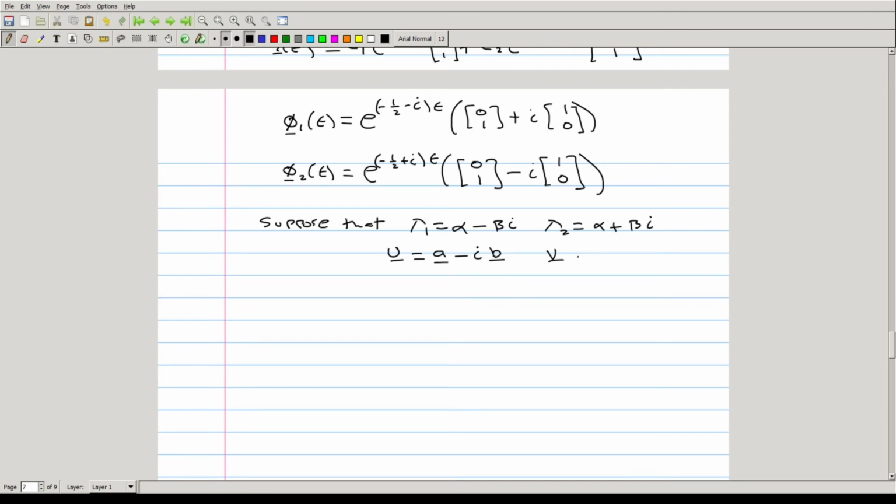So a and b are real valued, and v is going to be some a plus i times b for some real valued a and b.